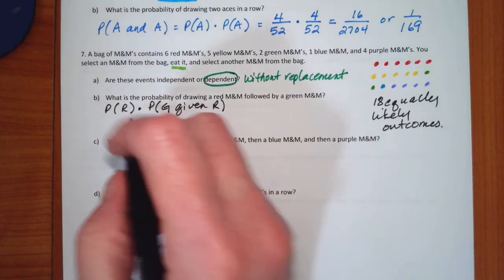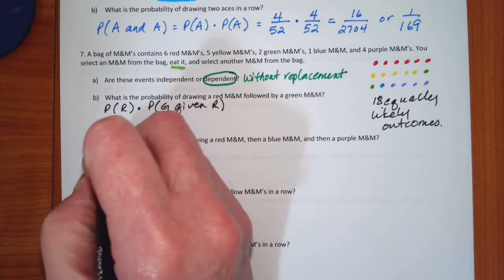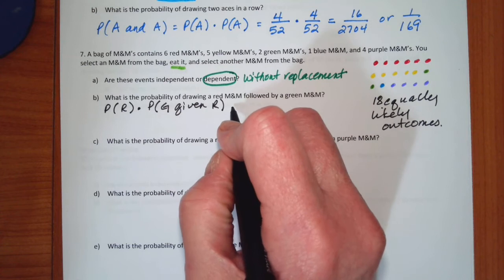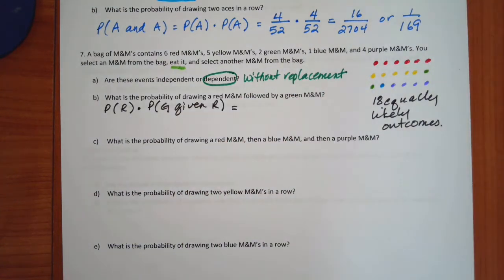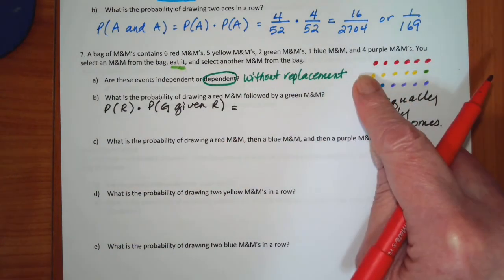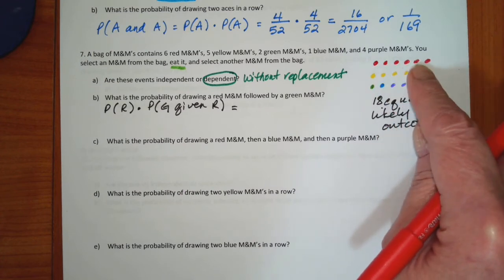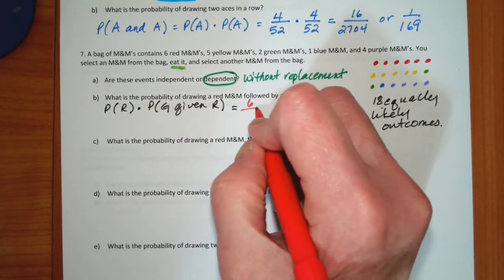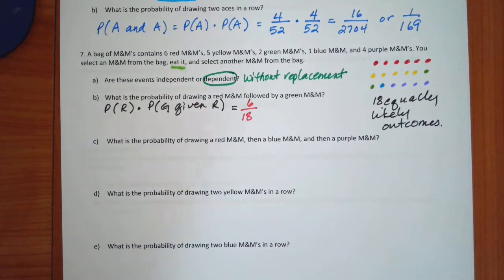So what does that mean? Well, the probability of a red on my first draw, there are 1, 2, 3, 4, 5, 6 out of the possible 18.